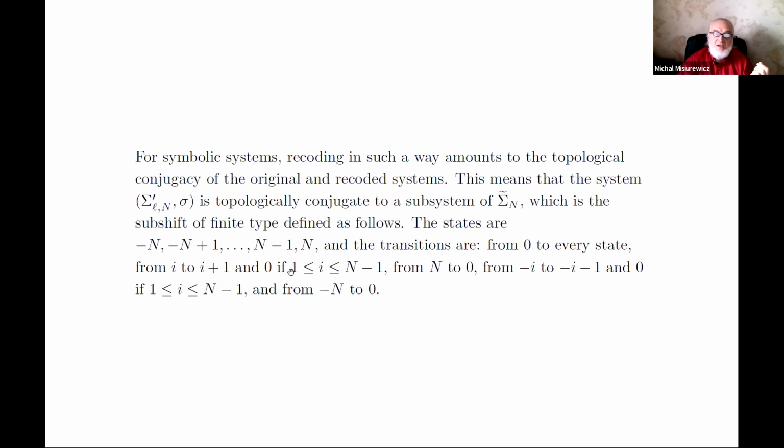If i is between 1 and capital N -1, you can go to 0, or you can go to i + 1, so you can go to the semicircle or to the next level. And below, for minus i between -1 and -(N-1), from -i you can go lower to -i - 1, and you can go to 0.